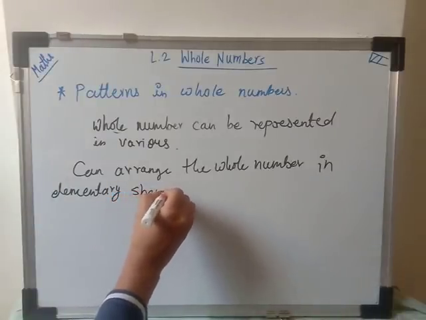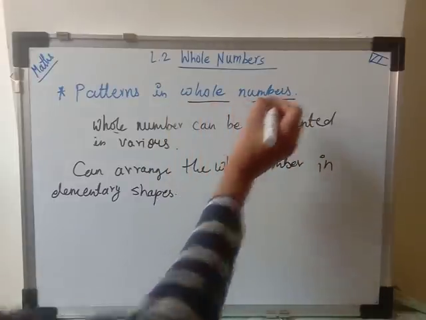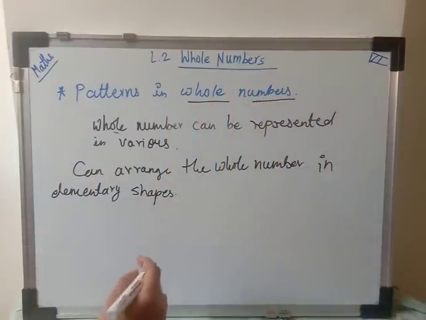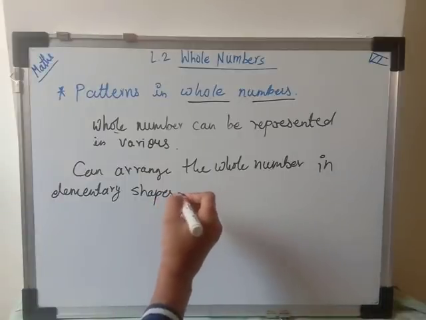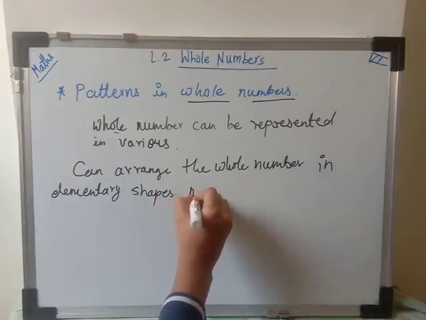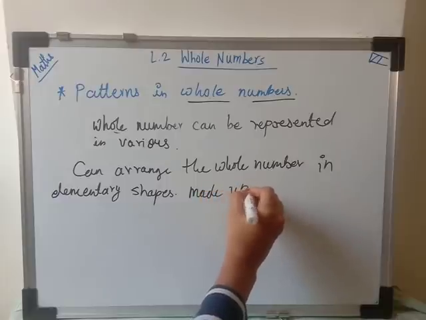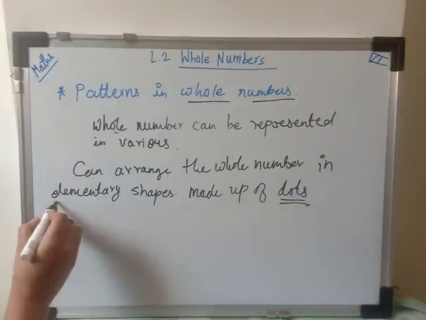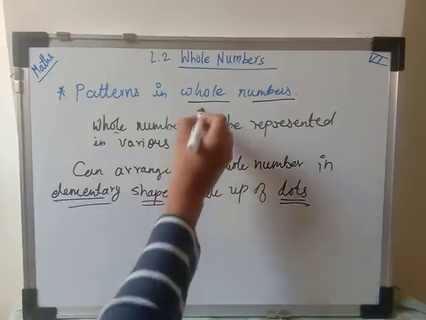We can make these shapes with the help of the whole numbers. And to make the elementary shapes, what do we have to use? These shapes are made up of dots.